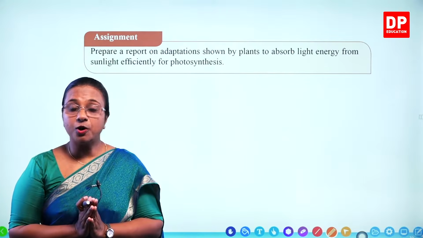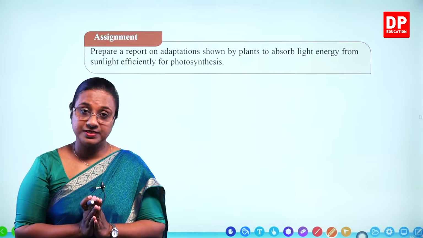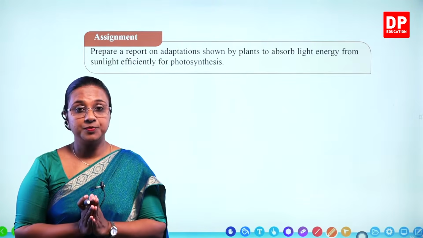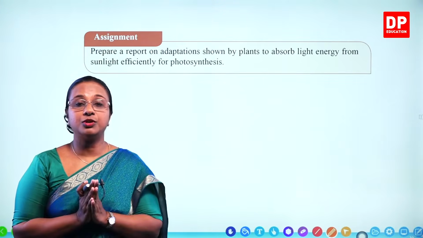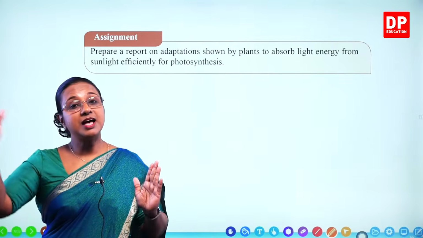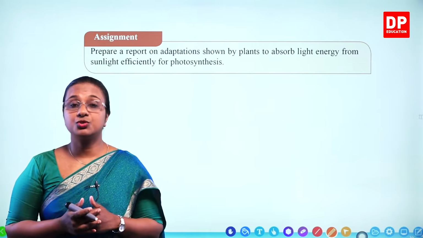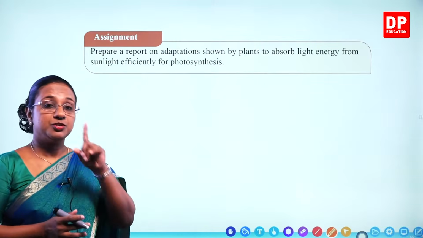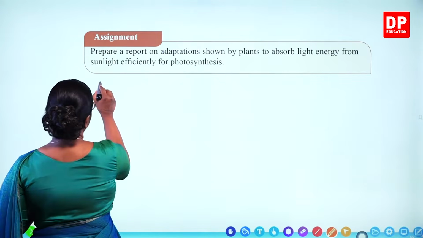And what do we call that process? That is phototropism. You all are very familiar with that tropic movement. So normally plants grow straight and tall so that they can get enough sunlight. But if the sun shines from a certain direction, the plant grows towards the sunlight. That is phototropism. So that's one adaptation shown by plants.